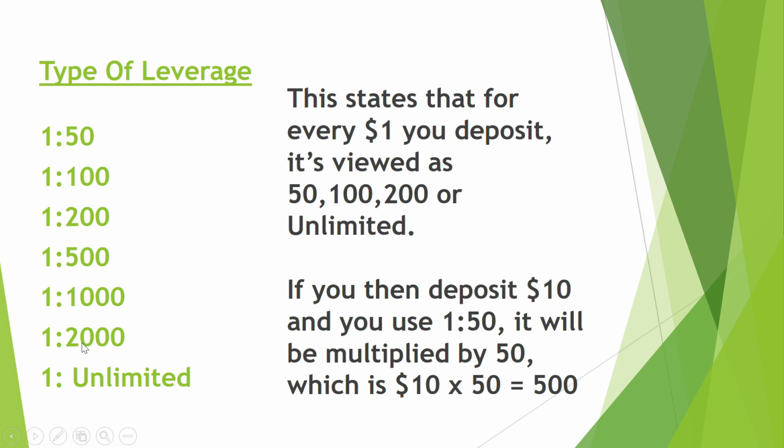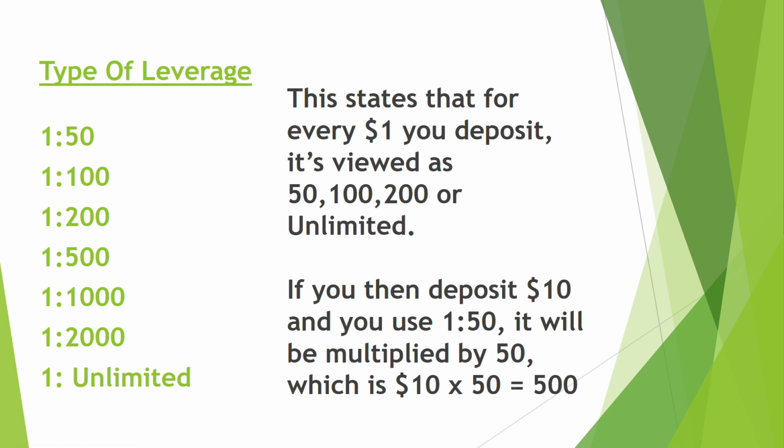If you select 1:2000 and you deposit $1 on your trading account, it will be viewed as $2000. You have the buying capacity of $2000. If you deposit $10 and you use 1:50, it will be multiplied by 50, which is 10 times 50, $500. You have a buying capacity of $500.